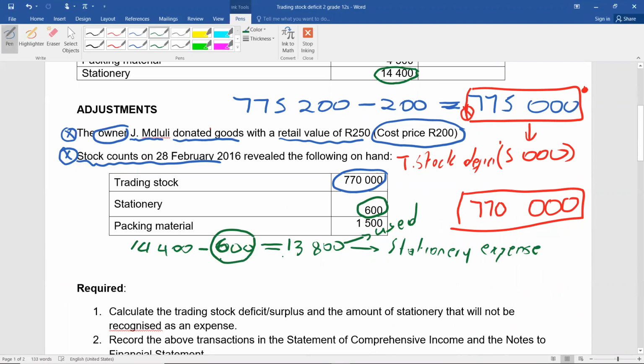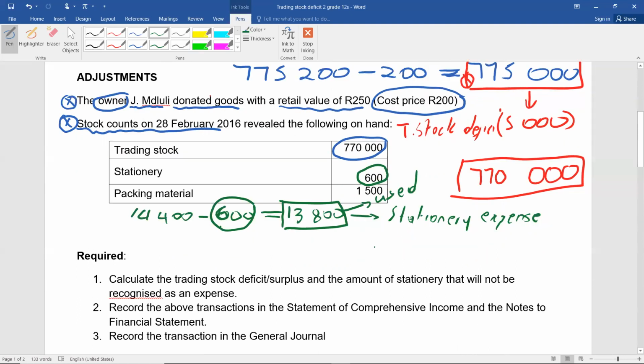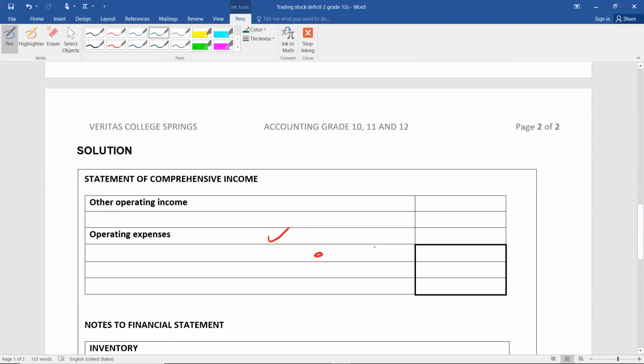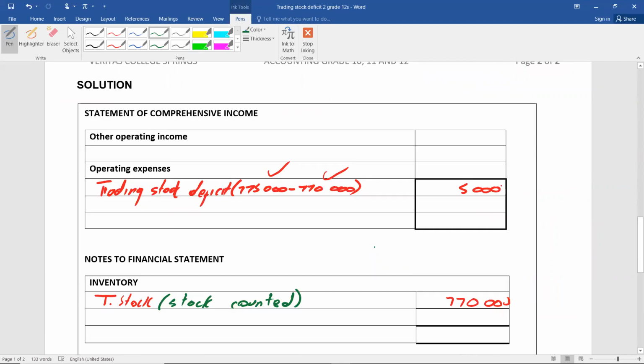This one goes to the income statement as stationery expense. But normally we don't write it as stationery expense, we just write expense. Only stationery used will be recorded as stationery.